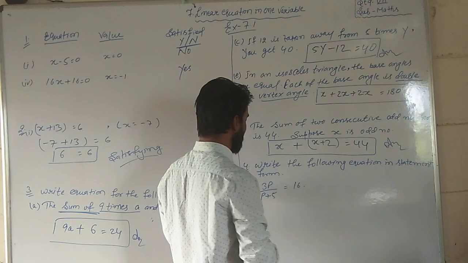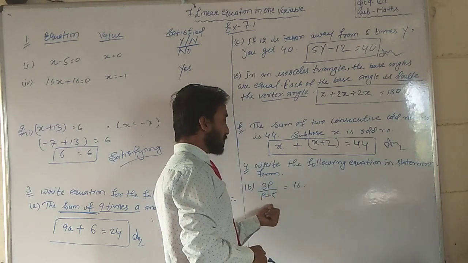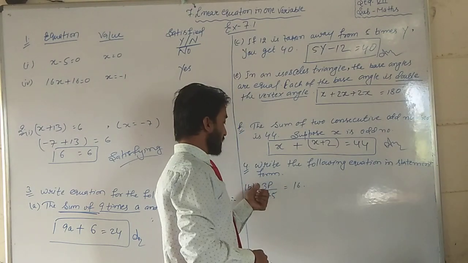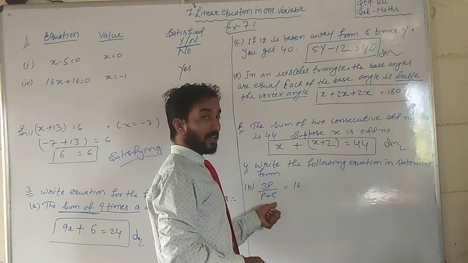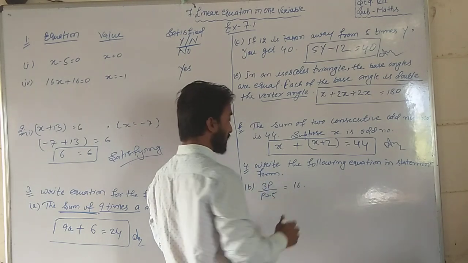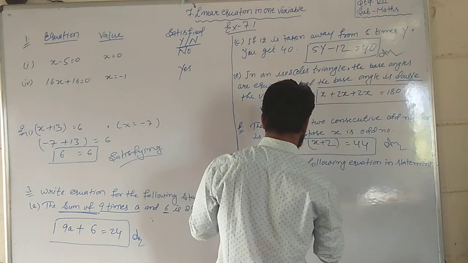So students, 3p divided by p plus 5. What are we saying? 3p divided by p plus 5 is equal to 16. Can you write it first this way?